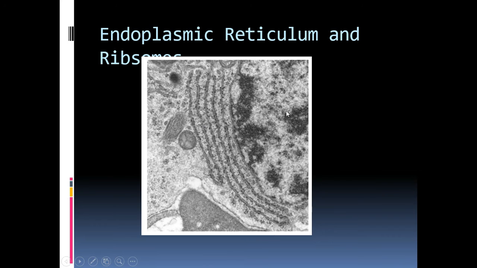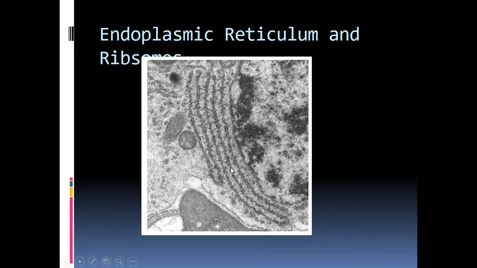There are two types of endoplasmic reticulum, the rough endoplasmic reticulum and the smooth endoplasmic reticulum. Rough endoplasmic reticulum is so called because it is covered by numerous tiny organelles known as ribosomes, which give it the rough appearance.